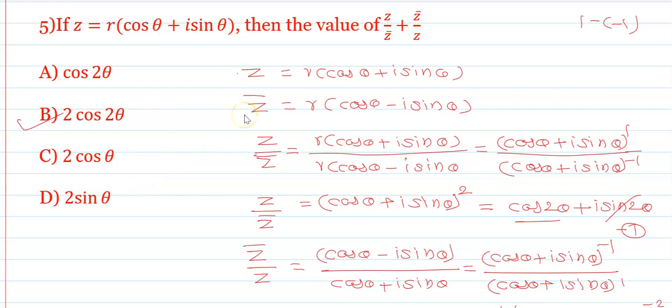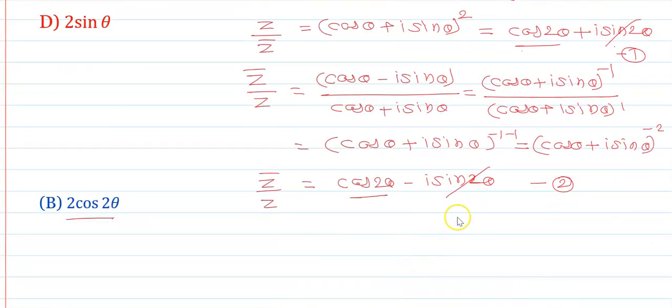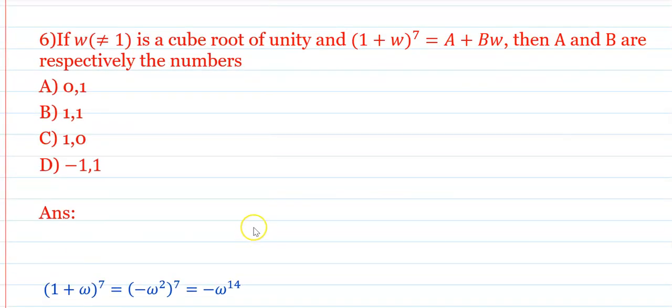Z upon Z bar is the first ratio. You are getting cos of 2 times theta plus I times sine of 2 times theta, and here Z bar upon Z, you will get cos of 2 times theta minus I times sine of 2 times theta. If you add it, then you will get the answer. Okay. Now the next question.